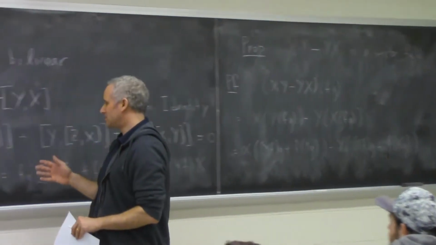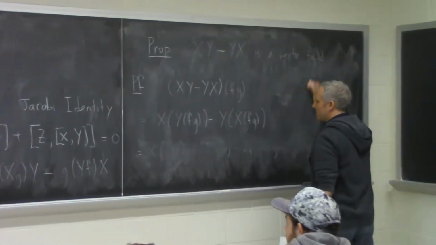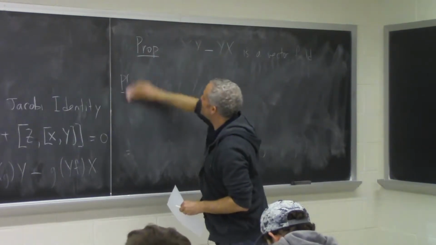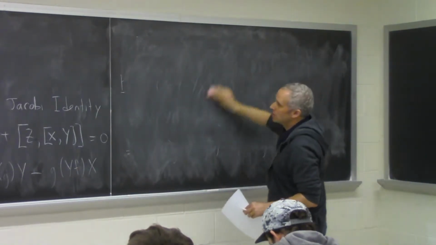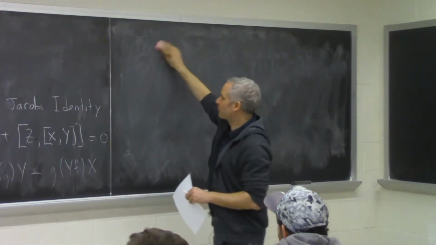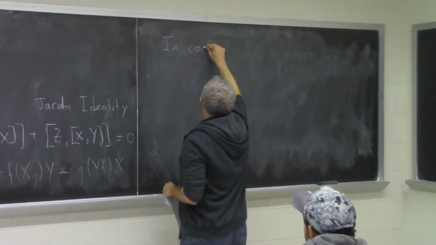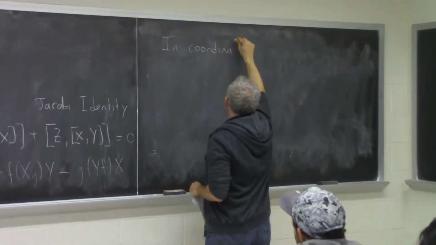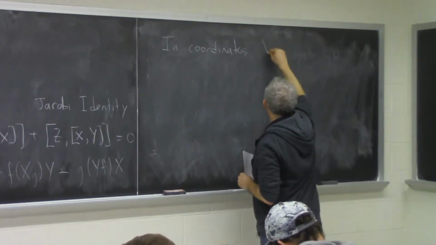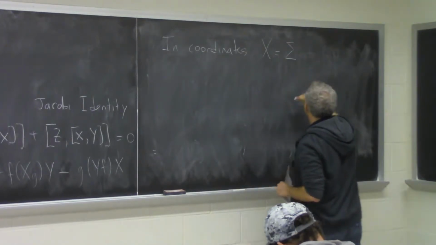So one nice feature that this operation inherits from this fourth property in particular is that it's easy to compute the Lie bracket of two vector fields in coordinates. Okay, this is an important point. So in coordinates, we have the following. So if we have two vector fields, x and y, we know what these look like in coordinates, right?